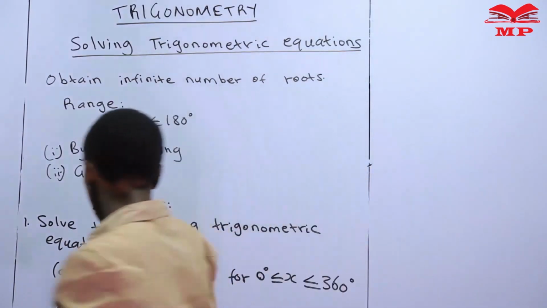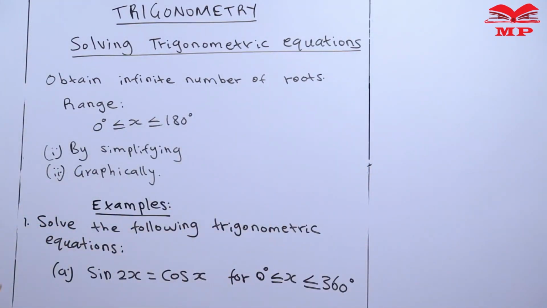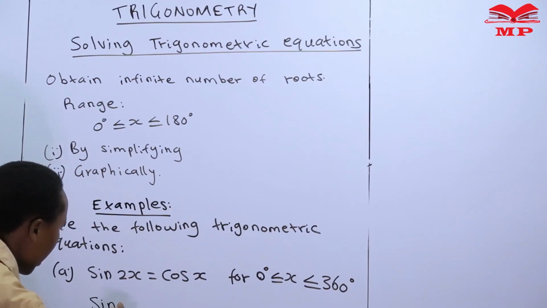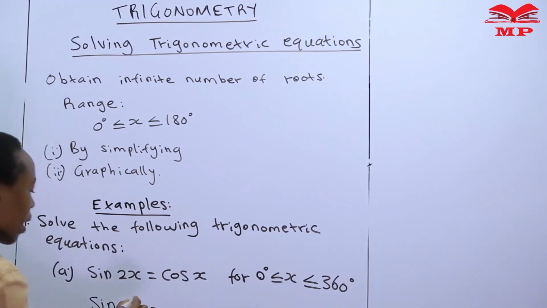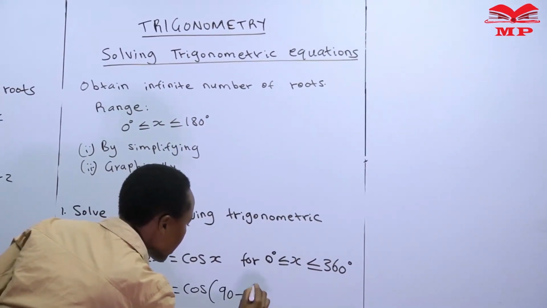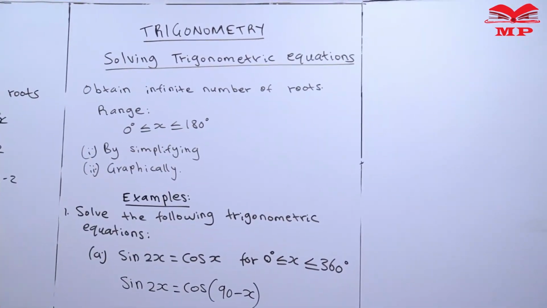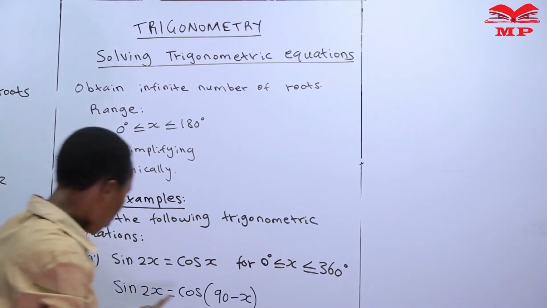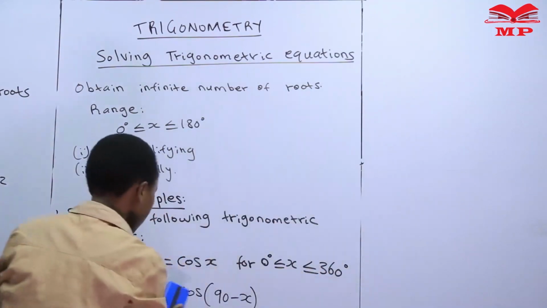We know that for complementary angles, the sine of a certain angle is equal to the cos of that complementary angle. So in this case, we can say that sine 2x is the same as cos of 90 degrees minus x. Sorry, not cos, but again sine. We still have sine here.